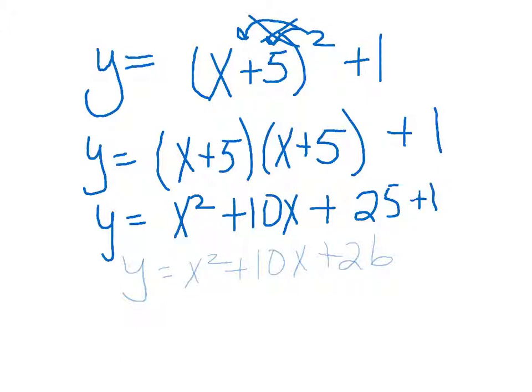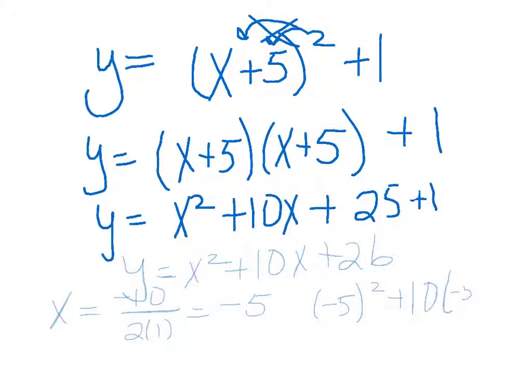Okay, where is our x of our vertex? Negative b over 2a, so negative 10 over 2. So negative 10 over 2 is negative 5. Let's stick a negative 5 back in here. And so negative 5 squared plus 10 times negative 5, plus 26.